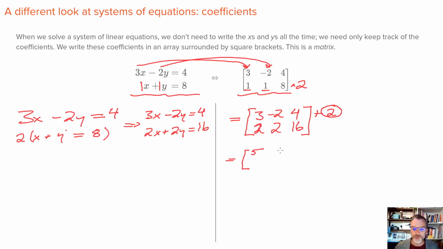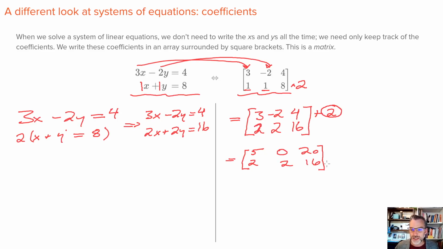Minus 2 plus 2 gives me 0. And 4 plus 16 gives me 20. And I didn't touch the second row. You can already see here on the first row, if I were to translate it back into an equation, I'd have that 5x equals 20. So x equals 4. That's what we saw on the last slide.